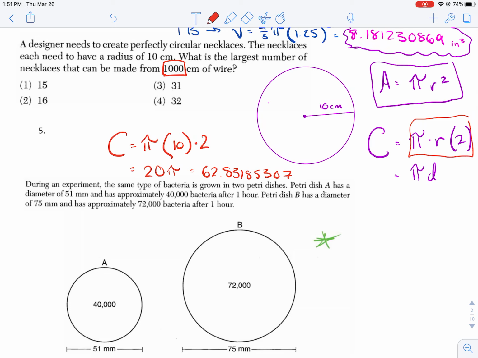We want to determine how many necklaces we can get if our circumference needs to be this right here. So how many times does 62 go into 1,000? We want to know if we divide 1,000 by 62, that will give us how many necklaces we can get. All right, so we're dividing 1,000 by this answer down here.